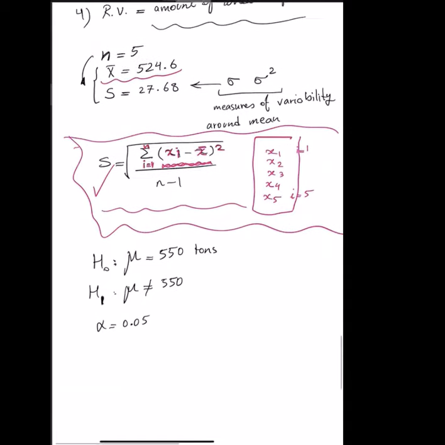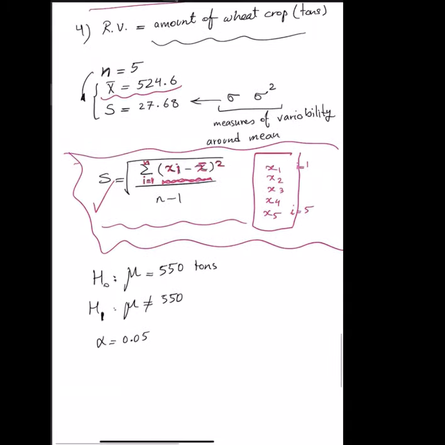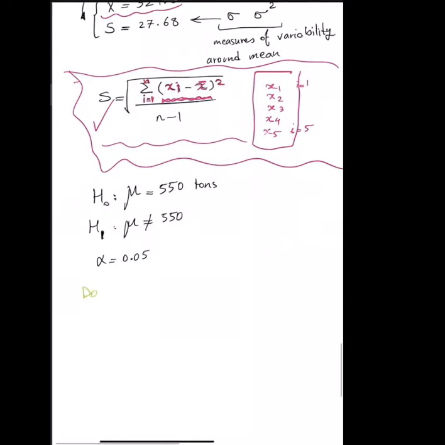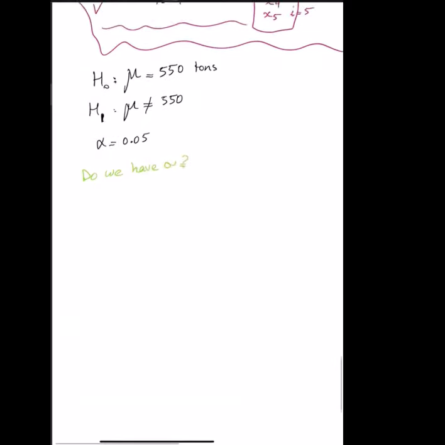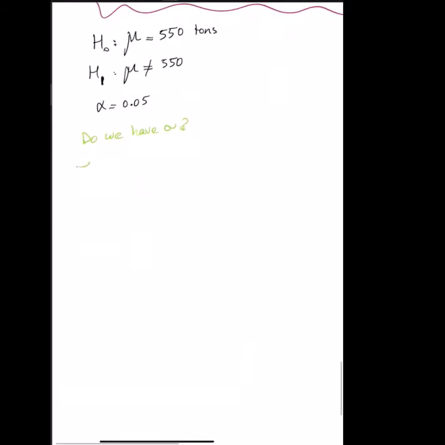I have a sample. What is the first question that you have to ask yourself when you want to do a confidence interval or test a hypothesis? Are we given sigma? Do we have sigma? If the answer is yes, sigma is known, or sigma is not known.